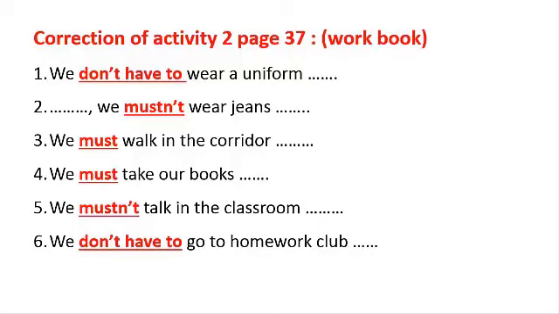Here's the correction of activity 2, page 37 of the workbook. Number 1, we don't have to wear a uniform for sports lessons. We wear our own sport clothes. So in this sentence we express absence of obligation.